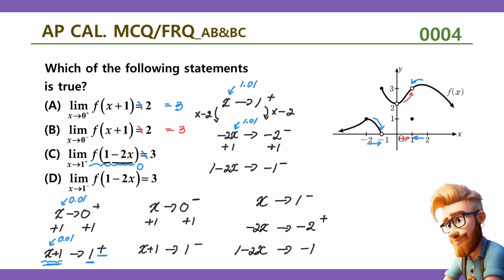It approaches negative 1 from right-hand side, right? So as 1 minus 2x approaches negative 1 from right-hand side, what does the function approach to? The function approaches 3, right? So it approaches 3. So the answer has to be D.